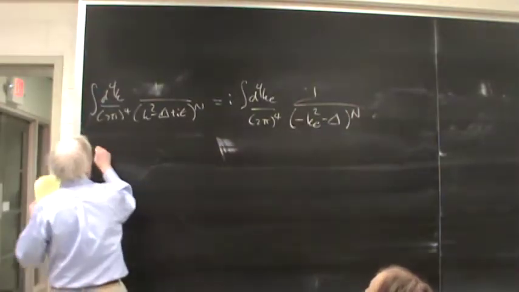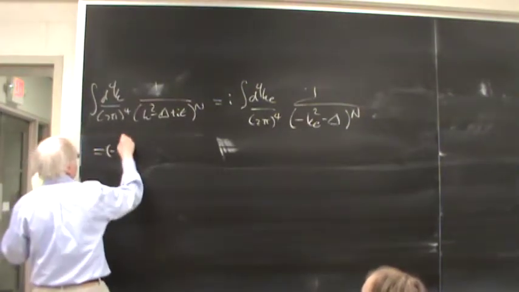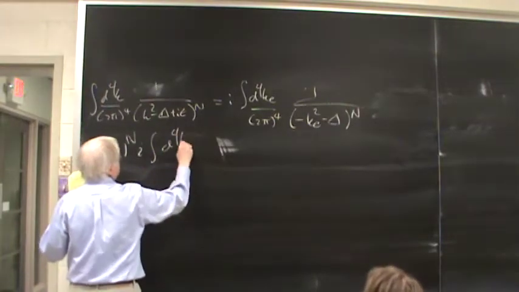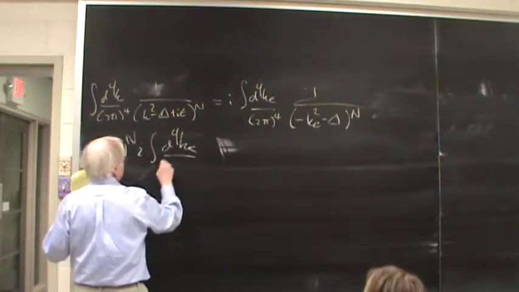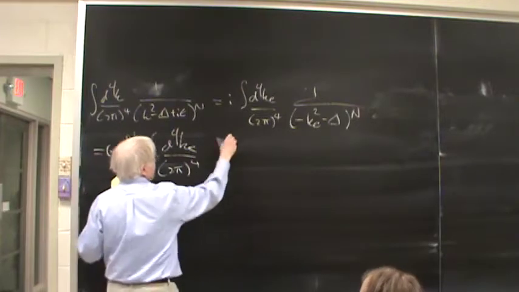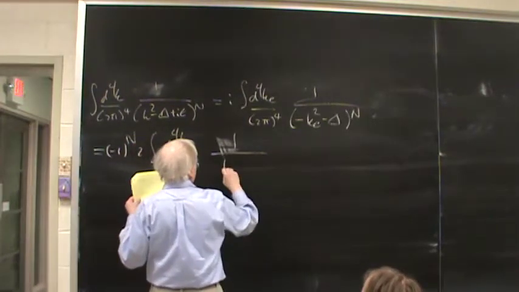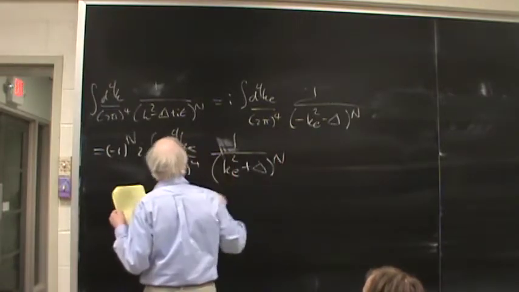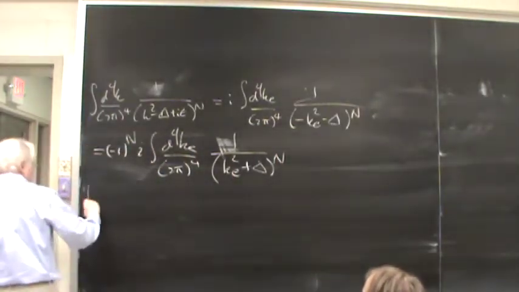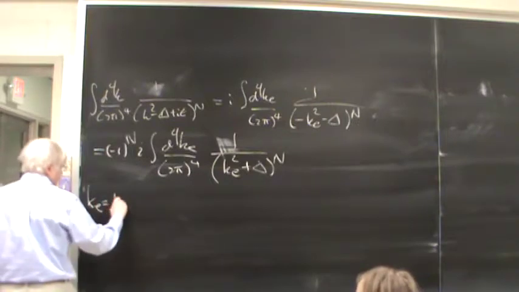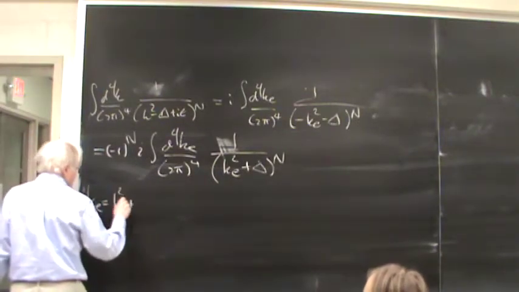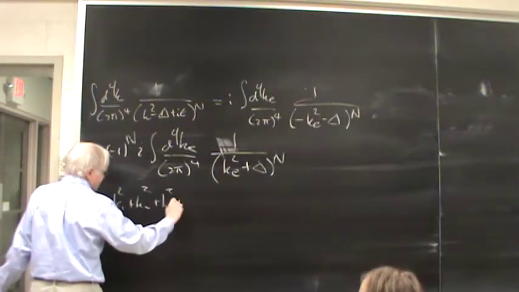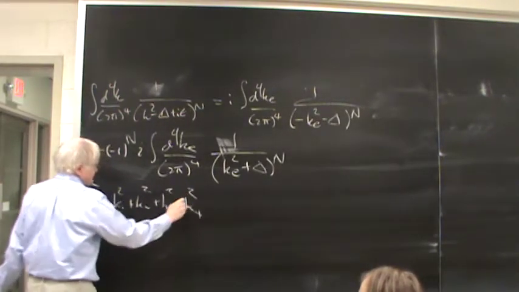Equivalently, that's minus 1 to the capital N, i, integral d4k Euclidean over 2 pi to the 4th, 1 over k Euclidean squared plus delta raised to the power n. And k Euclidean, of course, is just k1 squared plus k2 squared plus k3 squared plus k4 squared.